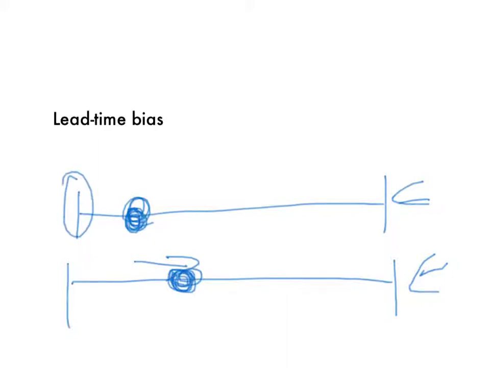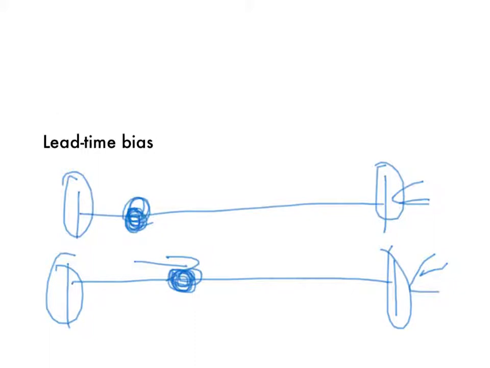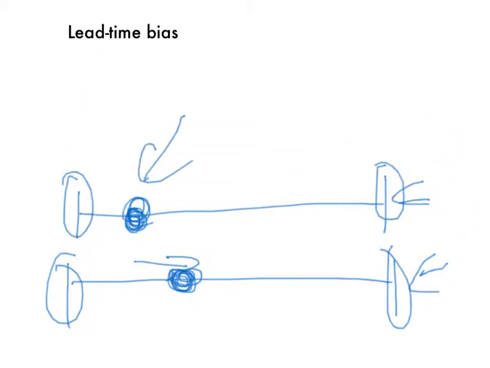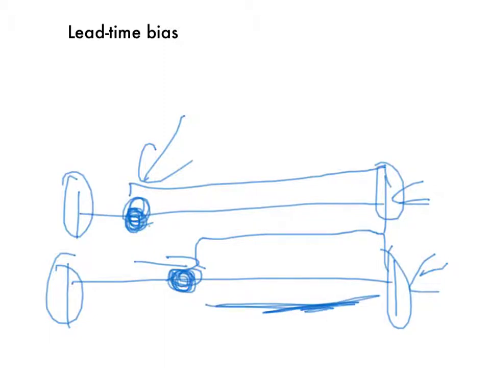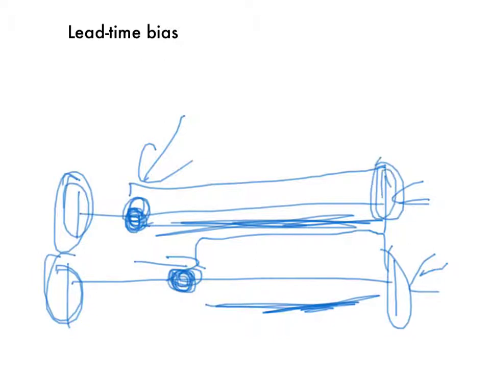Their life from end to end is about the same, but just because you detect this earlier, this is their effective life in your eyes. So this person only lived this long, and this person lived this much longer in your study. But basically, they have both the same effective life.